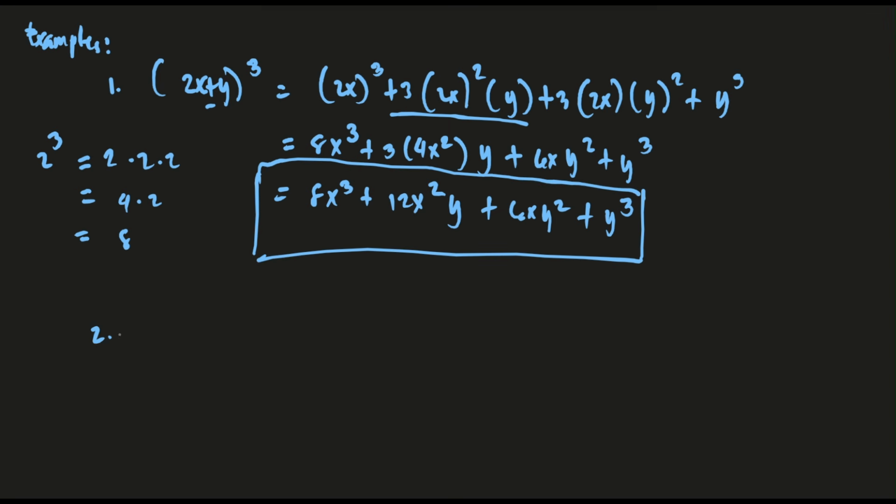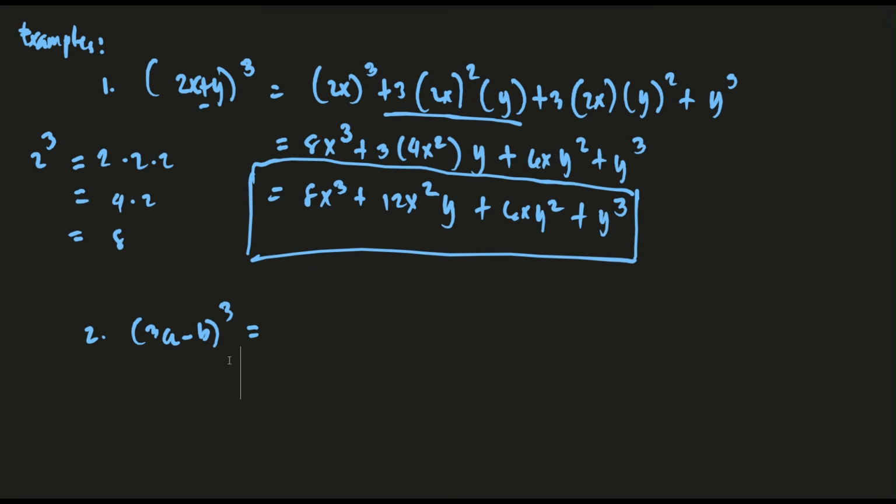A second example, the cube of 3a minus b. Okay, now with the use of our guide earlier, we will be able to solve this more quickly. So first you're going to observe that we are now using an operation subtraction, meaning to say the sign alternates.